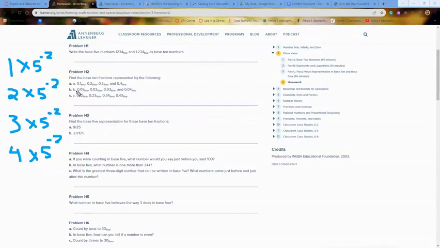So for these, all of our denominators are going to be 25. So the first one's going to be 1 over 25. I'm going to write it over here so I have more room. This will be 2 over 25, 3 over 25, 4 over 25, and that's what those will look like.